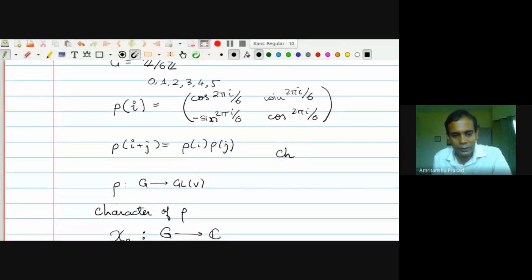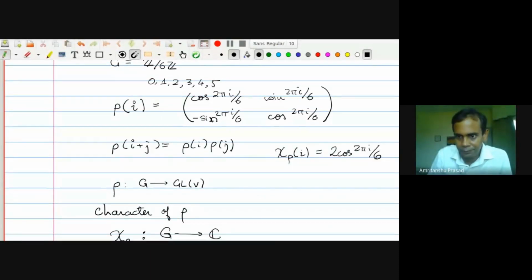Here, the character χ_ρ(i) equals 2 times cosine(2πi/6). So that's the character of this representation here, right? Just the trace of this matrix.